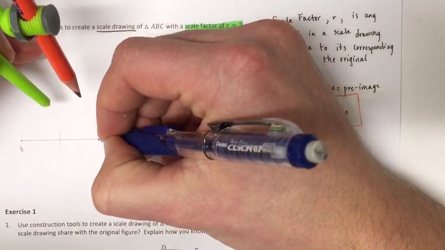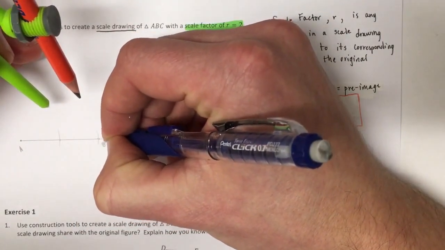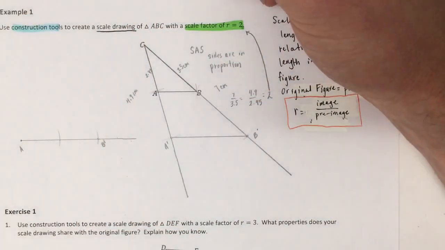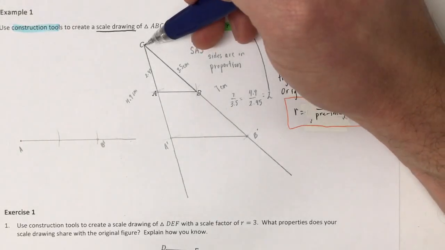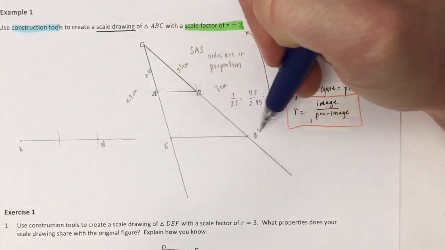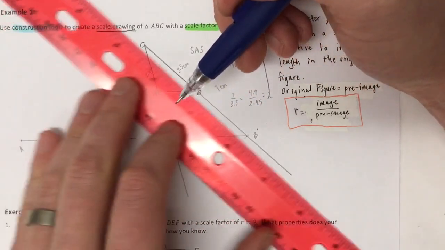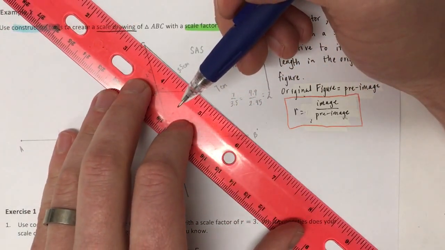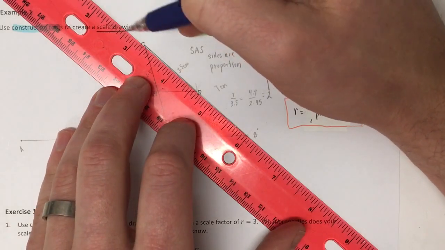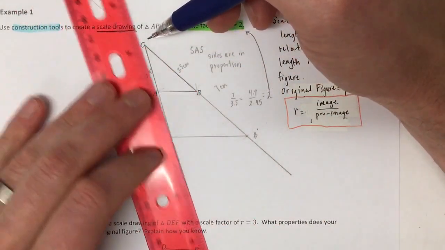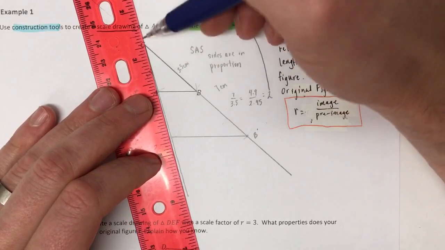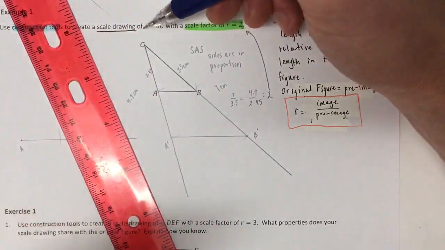So here's B prime. And then I'm kind of stuck because I really don't know exactly where C would be relative to the points A and B. But it'd be awesome if I could replicate this angle from B to C and have like this big long line here, and then do the same thing from A and have a big long line, and where they intersected, that would be the point C.